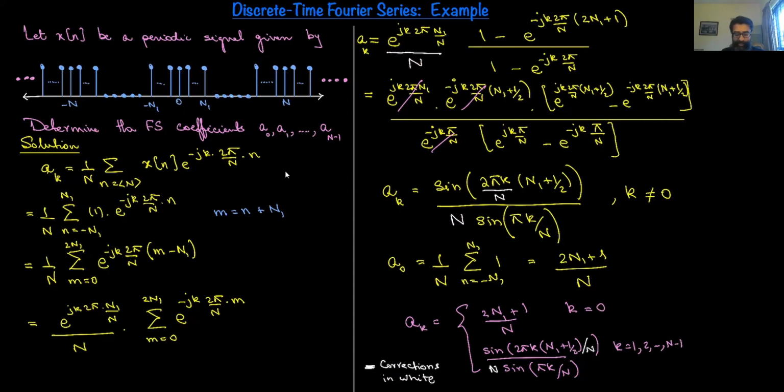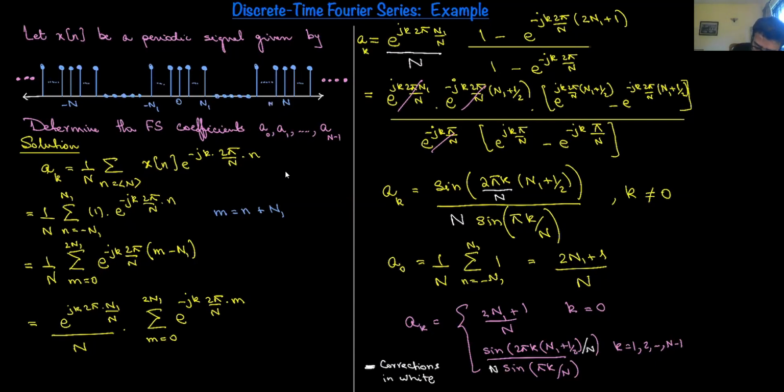So Muniba asked, how did I choose the interval? What interval? So from minus n1 to plus n1? Okay. So remember, this interval has to be over any interval of length capital N, right? So I could have chosen, if I wanted to, interval from 0 all the way up to n minus 1.